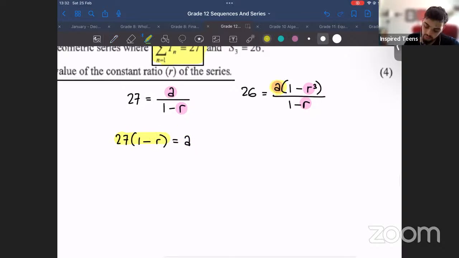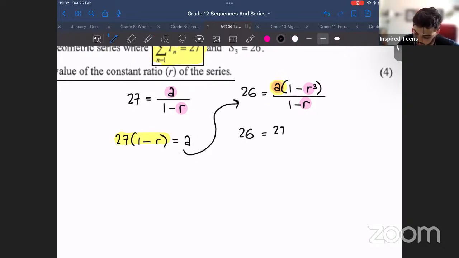So there's one a there, and it's going to go into that. When I substitute into this equation, I get 26 is equal to 27 times 1 minus r, times 1 minus r cubed, all over 1 minus r.